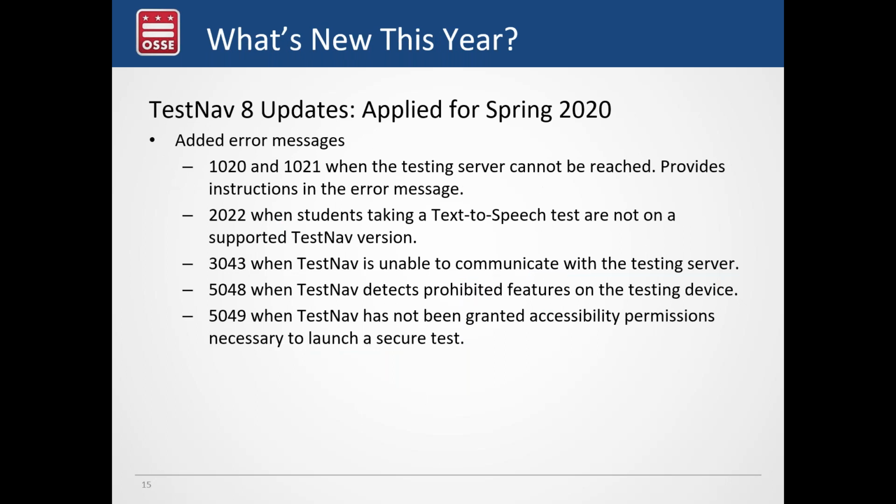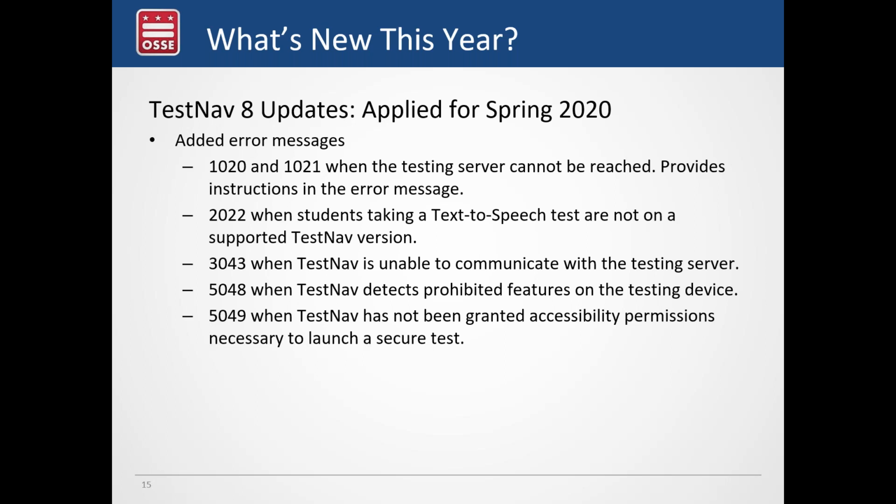What's new this year? TestNav 8 updates that were applied for spring 2020. The only really new things are some additional error messages that were added. Basically, these came into play based off of messages that people were receiving last year, so we updated it.